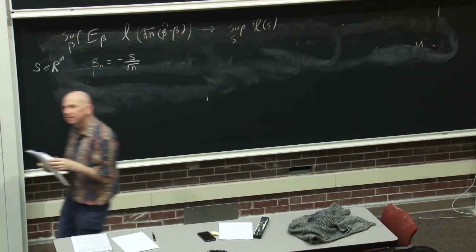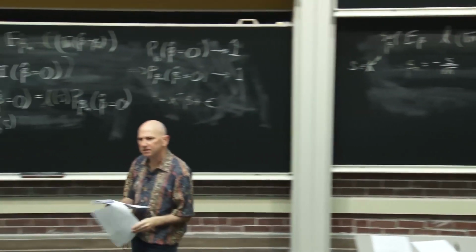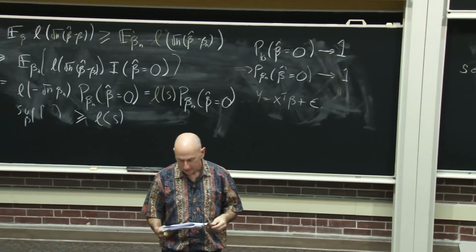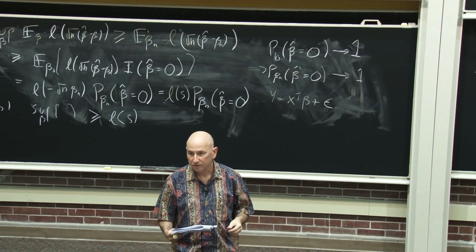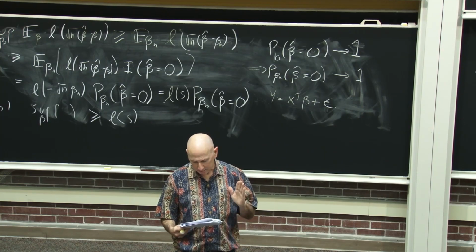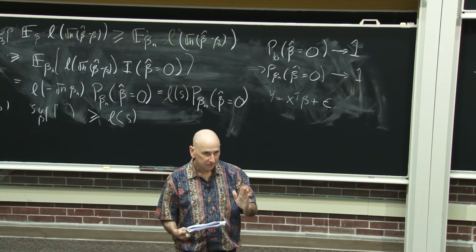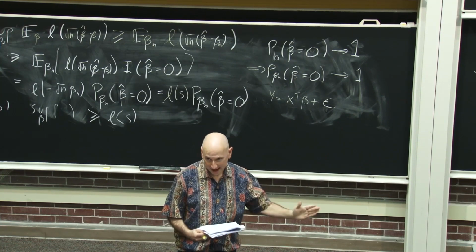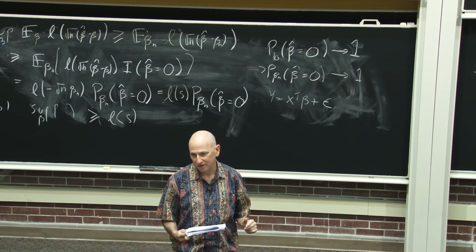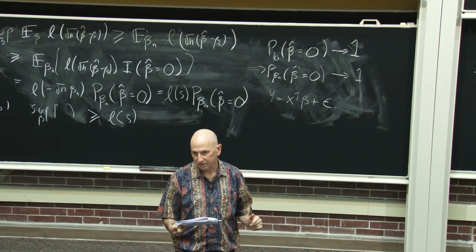What is the definition of weak sparsity? That should be not equal to 0. We want to make sure that when the true beta is 0, you get beta hat equal to 0. So it should be beta j not equal to 0.